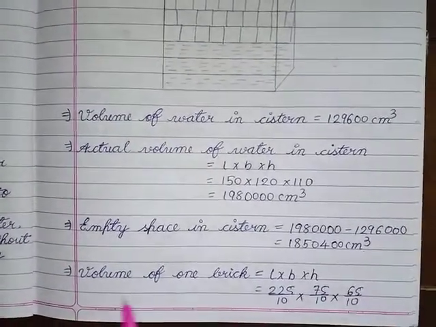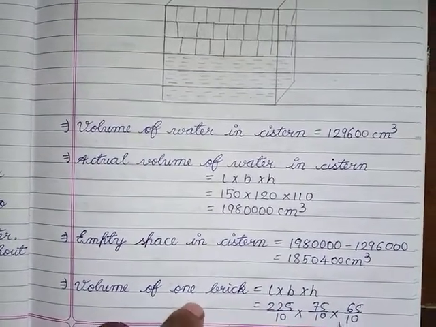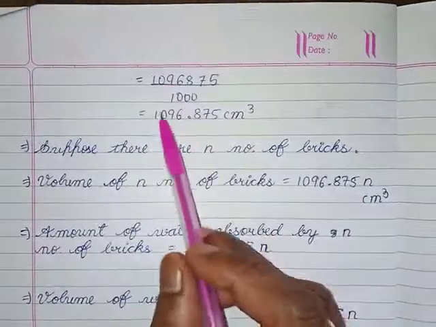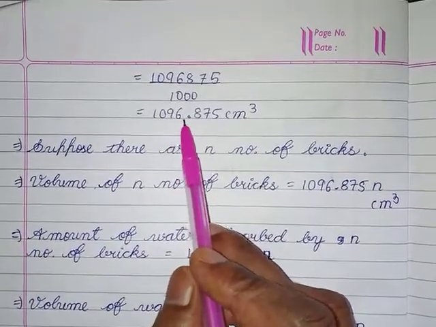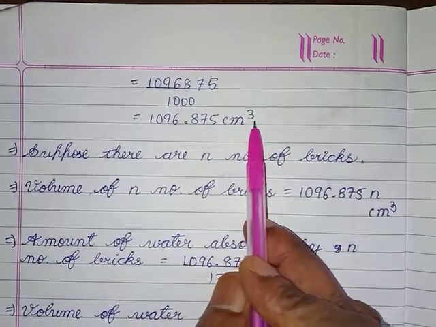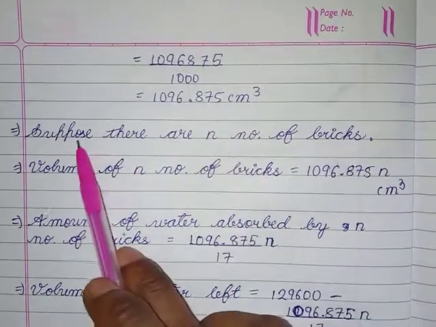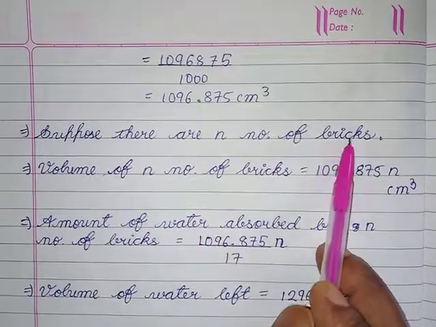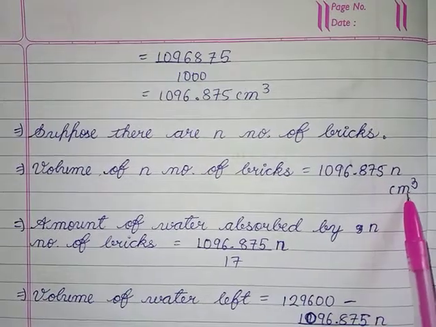The volume of one brick, you have to find. So the volume of one brick is what? If you find L into B into H, you'll get 1096.875 centimeter cube. So this much is the brick. Suppose there are n number of bricks, so the volume of n bricks will be multiplied with n centimeter cube.